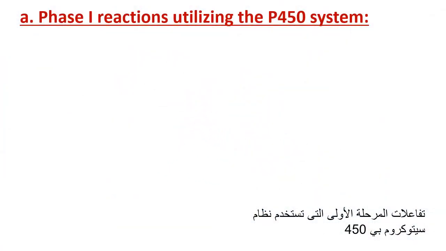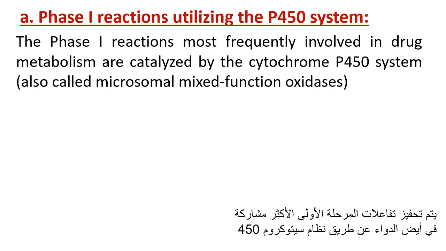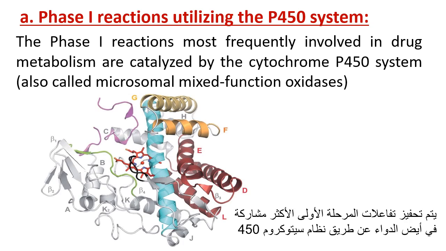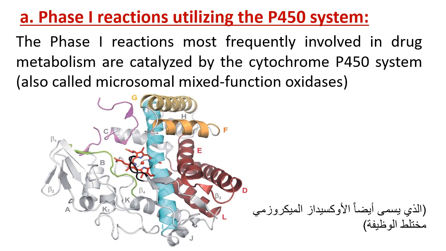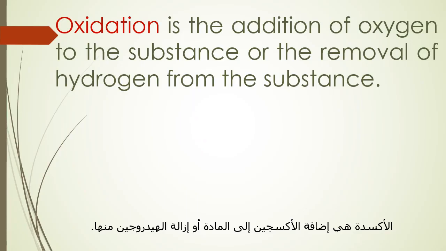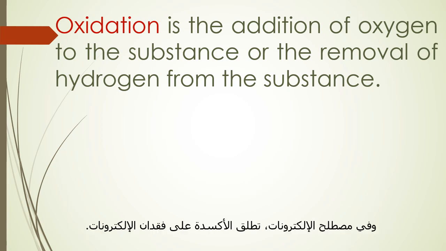Phase 1 reactions utilizing the P450 system. The phase 1 reactions most frequently involved in drug metabolism are catalyzed by the cytochrome P450 system, also called microsomal mixed function oxidases. Oxidation is the addition of oxygen to the substance or the removal of hydrogen from the substance.